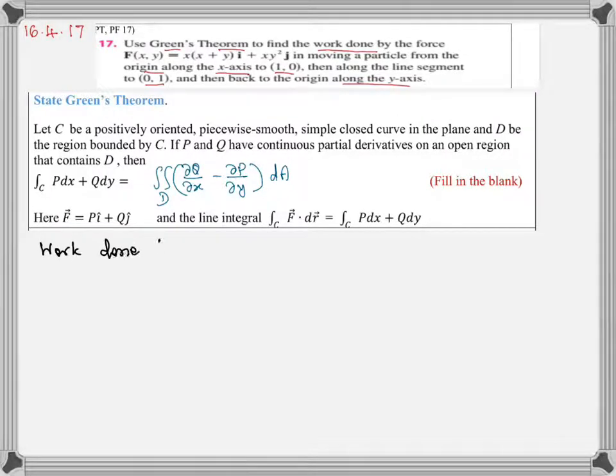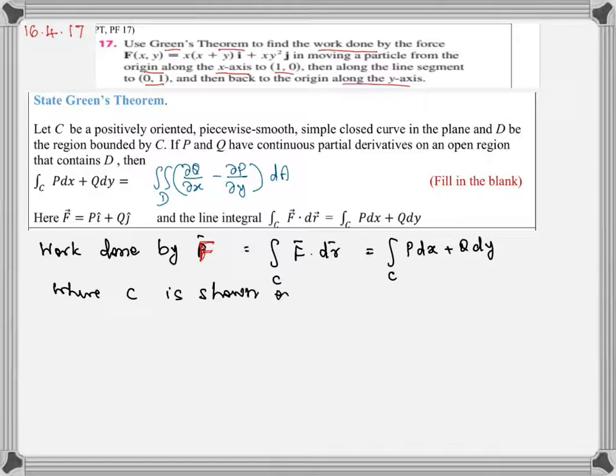So work done, we know that in moving a particle is the integral over C of F dot dr, the work done by the force field F. So that is the integral over C of F dot dr, which is also the same as the integral over C of P dx + Q dy, where C is as shown in the following figure.